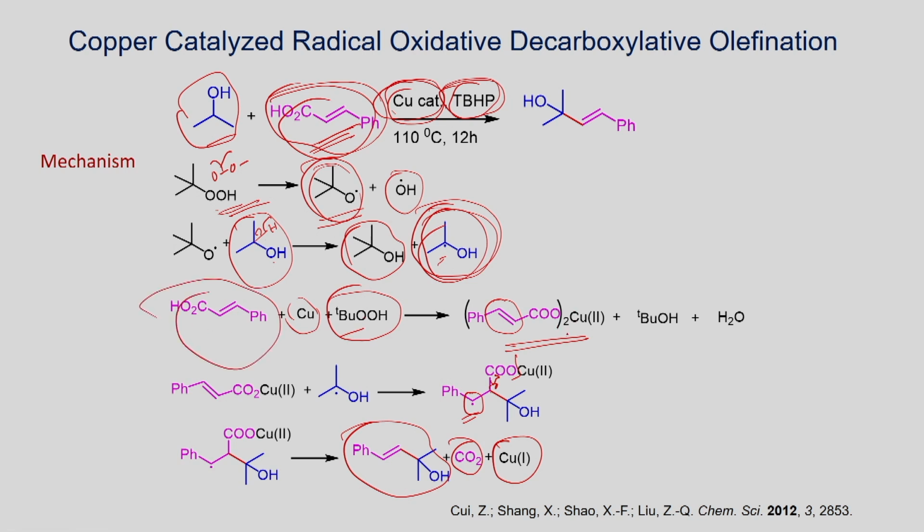We form this copper 2 complex. Once we form this one, the radical undergoes reaction with this double bond, followed by decarboxylation, which can lead to the formation of an alkene having this alcohol functional group, where you generate carbon dioxide as a byproduct.